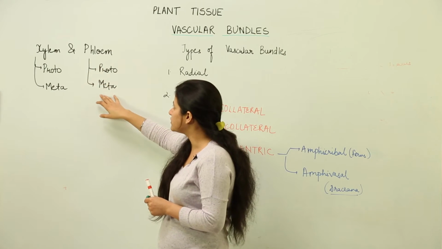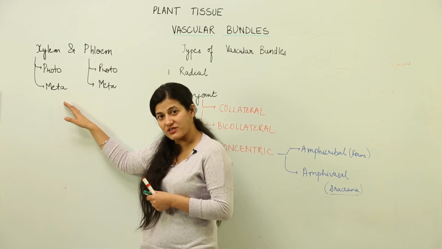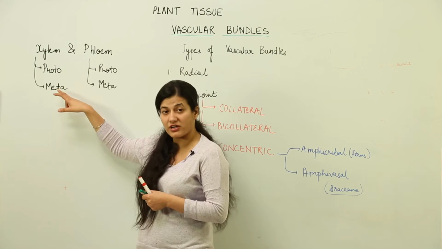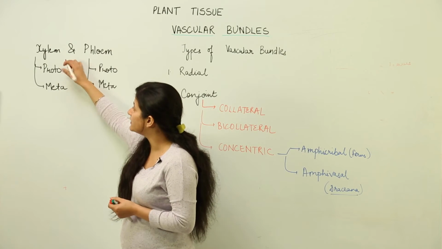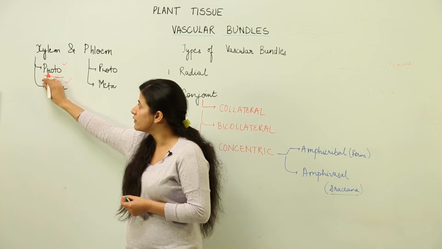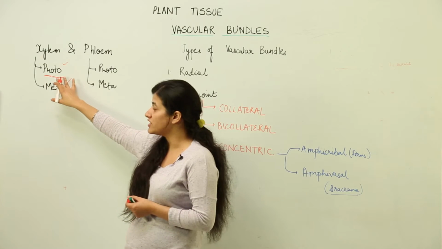In the previous lecture, we saw that xylem has 4 types of cells, and on the basis of the types of those cells we have further 2 classifications of xylem and phloem. One is protoxylem and the other is metaxylem. Proto, as you know from prototype or protozoa, means something primitive, which is formed in the beginning.